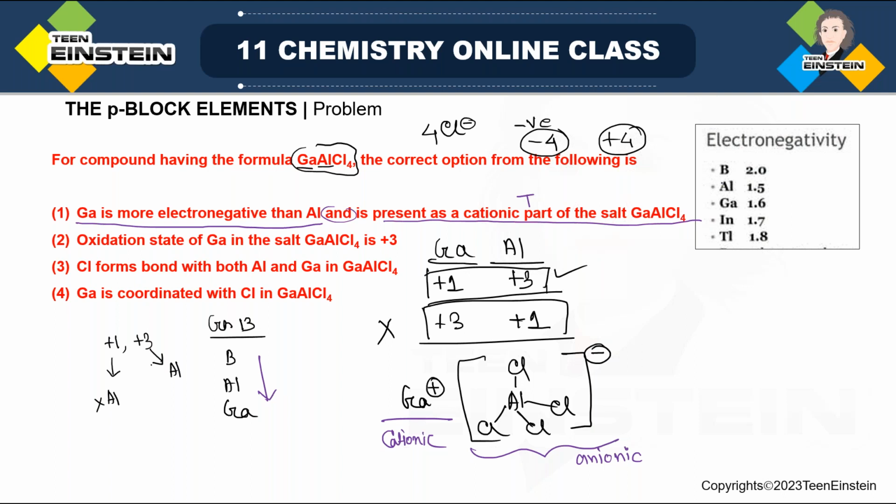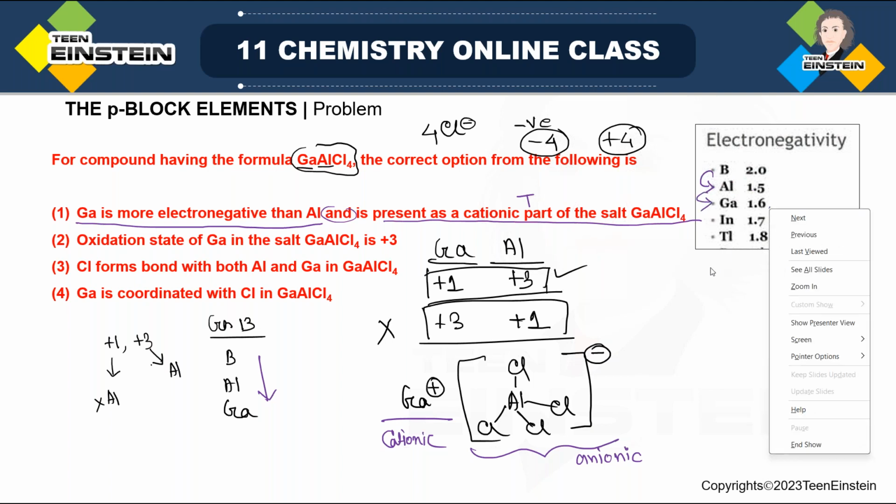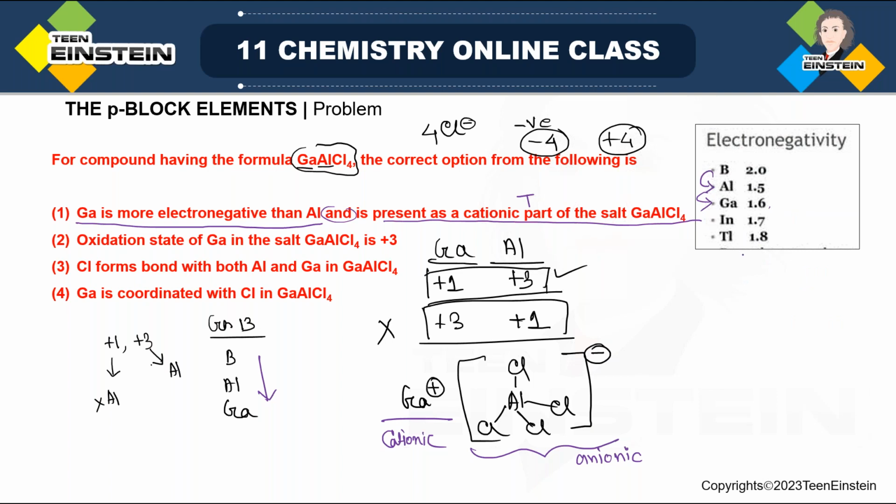When you move from B to Al there is a decrease, but when you move from Al to Ga there is a slight increase. Then again from Ga to indium to Tl, there is a slight increase. So it is not that electronegativity always decreases down the group. So Ga is basically more electronegative than aluminium. This part of the sentence is also true. So this is actually the correct statement regarding this molecule.